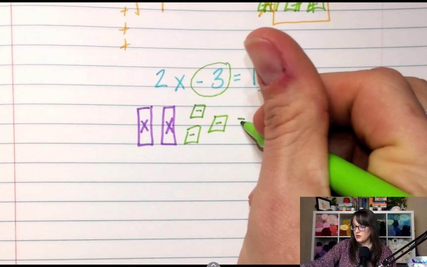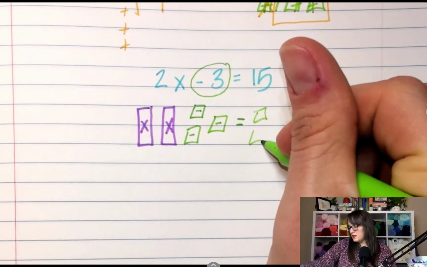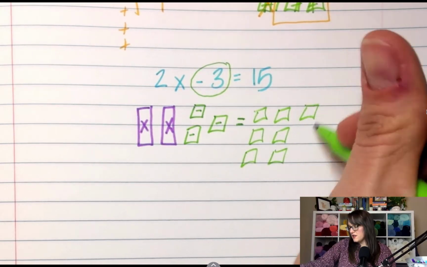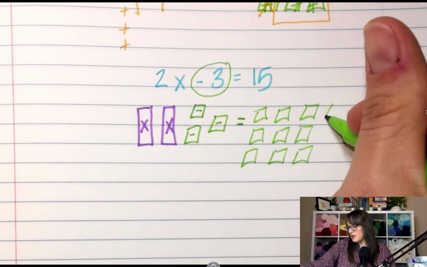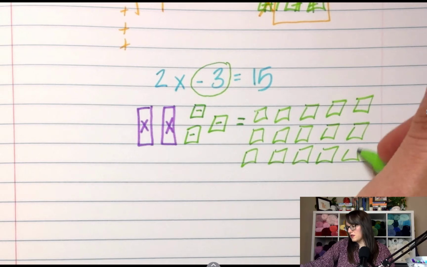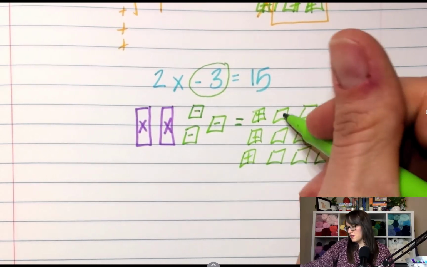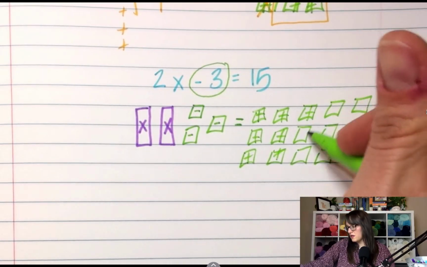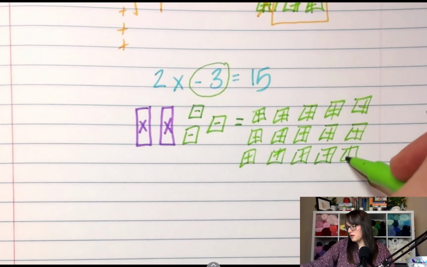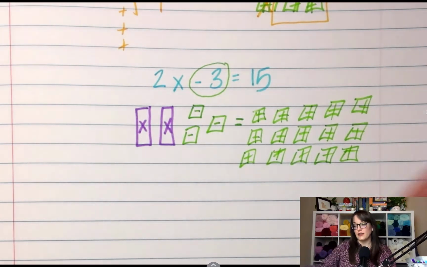So this equals 1, 2, 3, 4, 5, 6, 7, 8, 9. Okay, so there's 15 on this side.